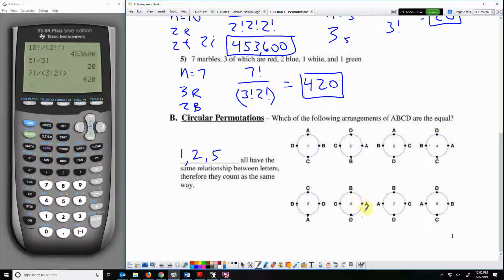So that one's a different permutation. Number 7, that's the same. And number 8, different order. So 4 of those are exactly the same permutation. If you shift around the table, but everyone stays in the same spot, that is not a different permutation.